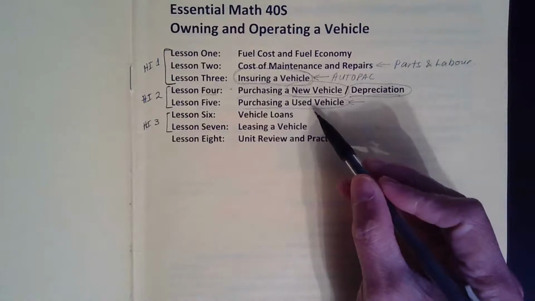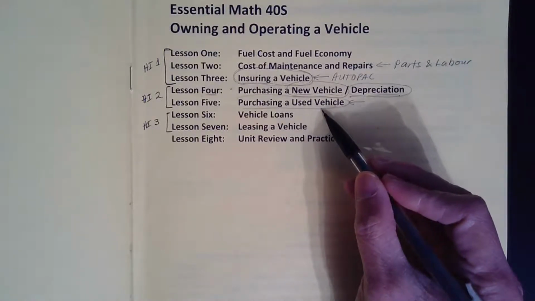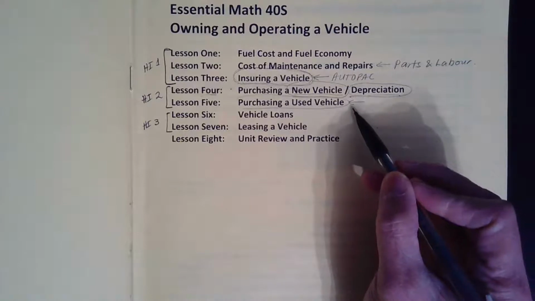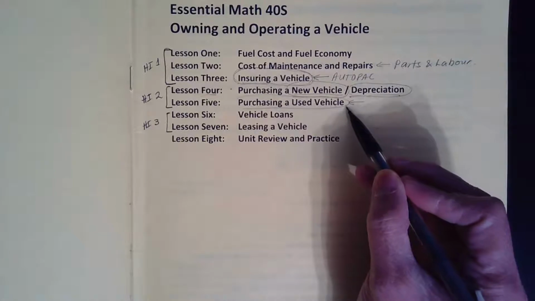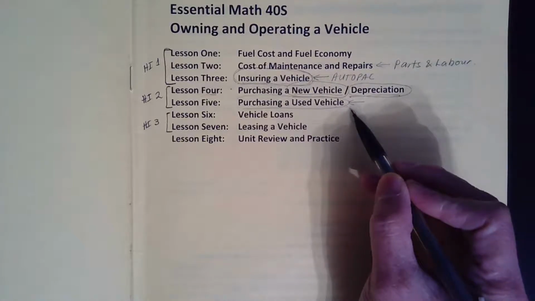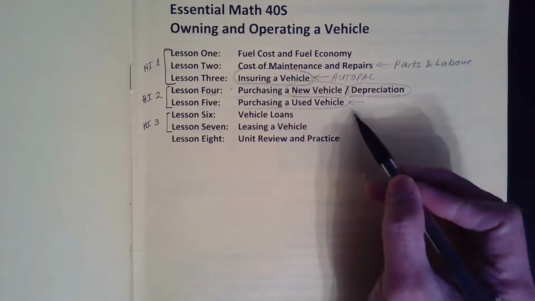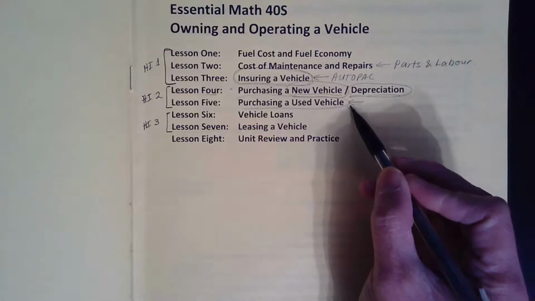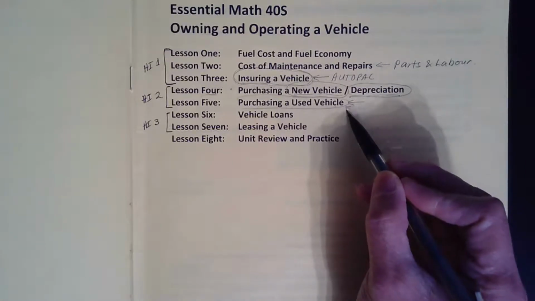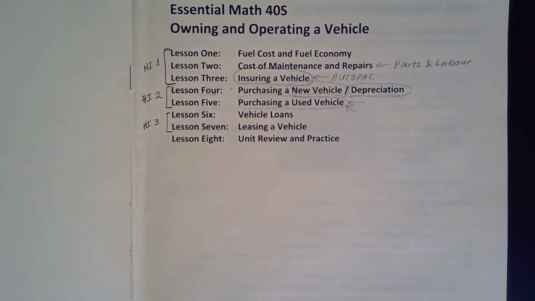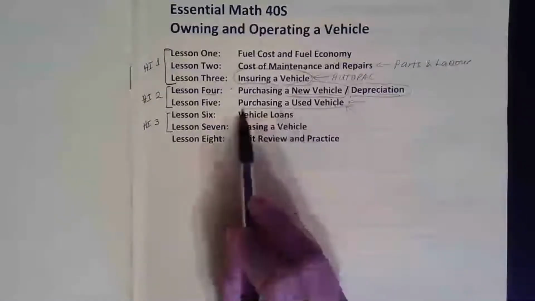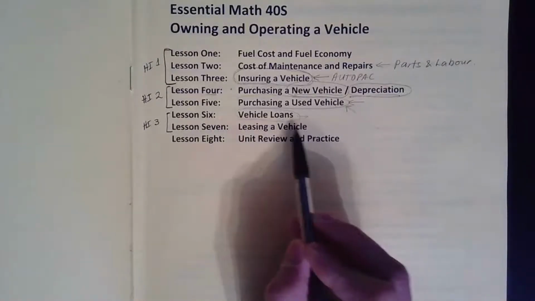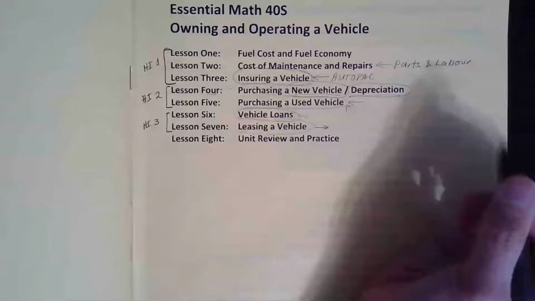If we buy the vehicle from a private seller, from another individual, then we are subject to PST, but the PST is paid to the insurance company when you register the vehicle. And then we talked about vehicle loans, looking at the loan and how we can pay for it.